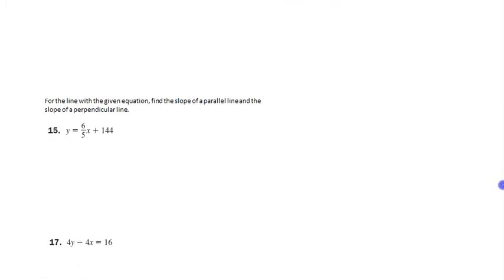So let's apply this. For the line with a given equation, find the slope of a parallel line and the slope of a perpendicular line. Okay, let's go back to our y equals mx plus b. So we know that our slope is 6/5.